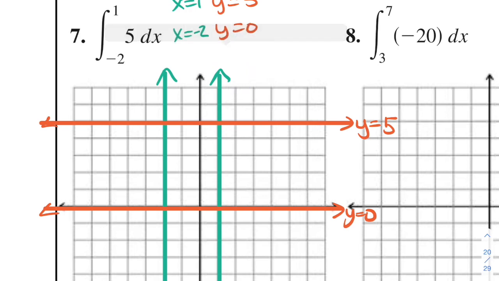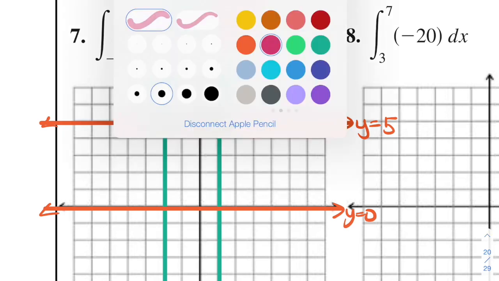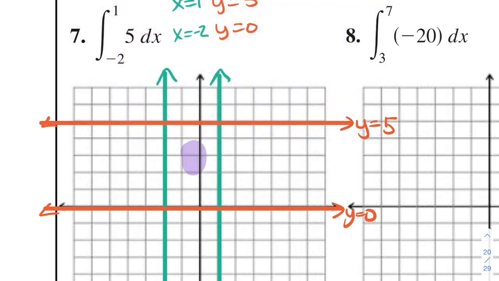And what you see here is what you are trying to determine. So you're trying to find this area right here in this perfect rectangle. Okay? And so here we have a width of 3, and we have a width of 5. So 3 times 5 is 15.